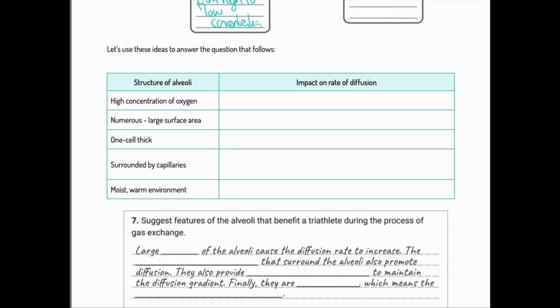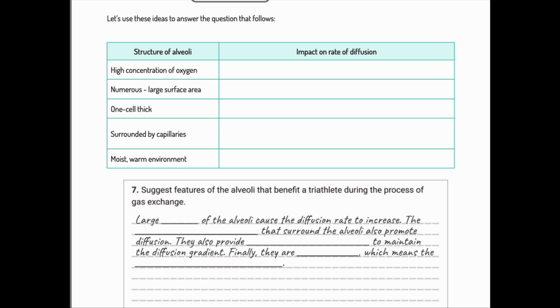Let me scroll down. Can I fit this all on one page? I can. Fantastic. In fact, I'm going to change the colour again. So we've got here a high concentration of oxygen. How does that impact the rate of diffusion?